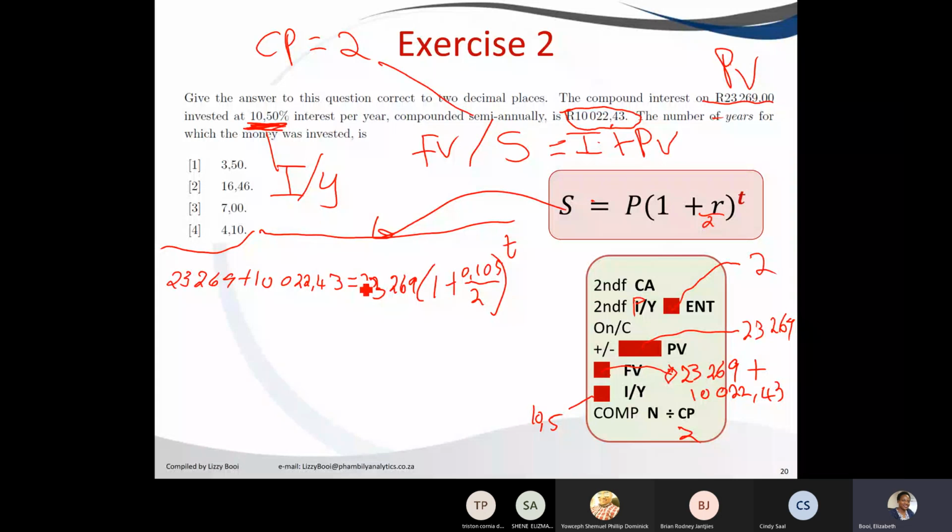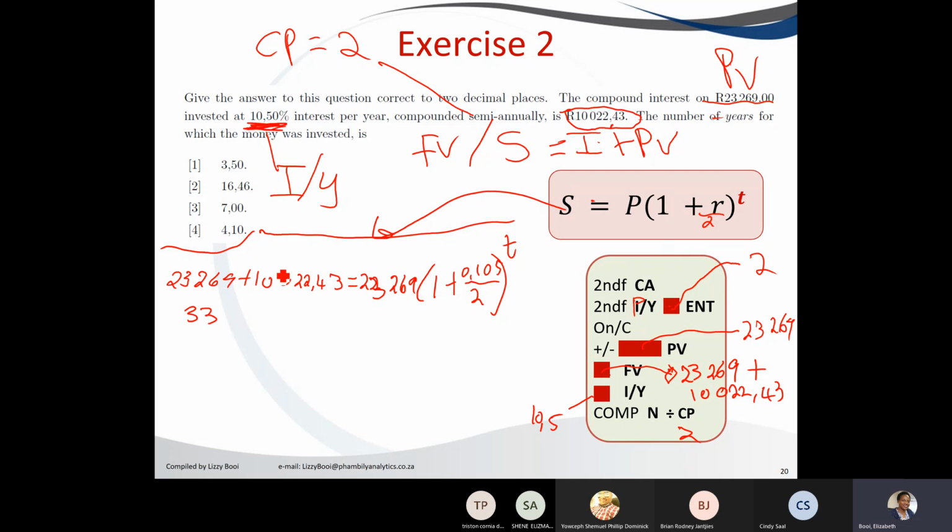To make t the subject of the formula, we are going to use logarithms. The first step, to help those who are calculating manually: 23,269 plus 10,022.43 equals 33,291.43.